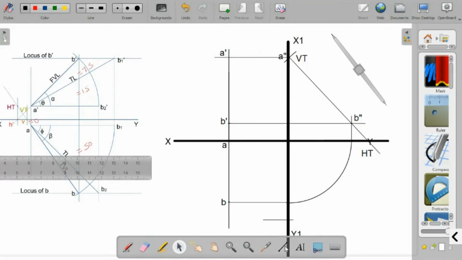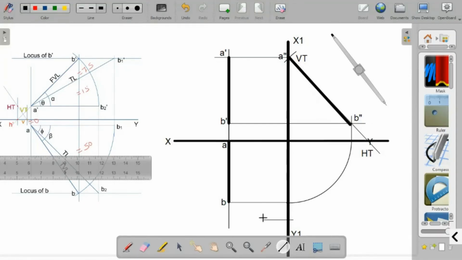Now what we have to do is join A dash with the B double dash.